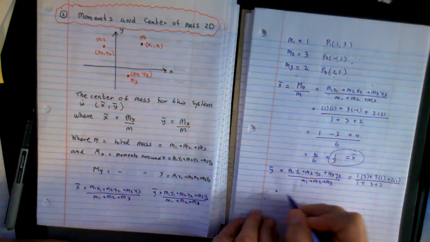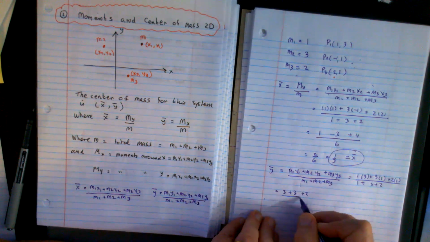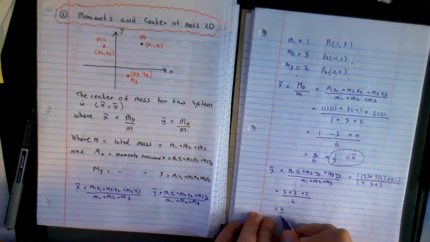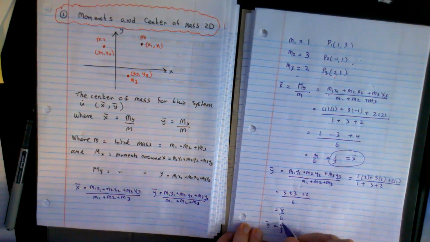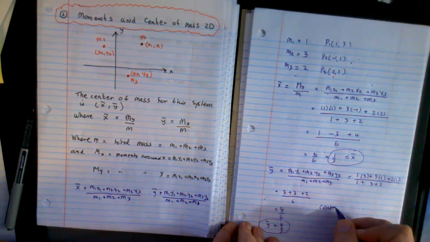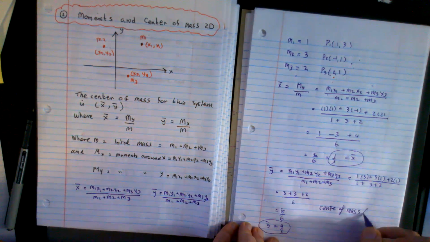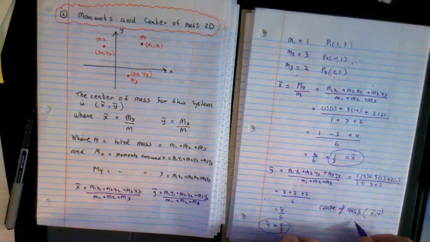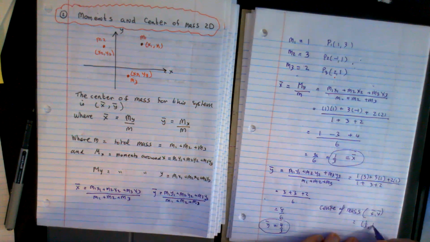And that gets me 3, add 3, add 2 over 6, which is 8 over 6, which gives me 4/3. So the centre of mass has coordinates X bar, Y bar, which is 1/3, 4/3.